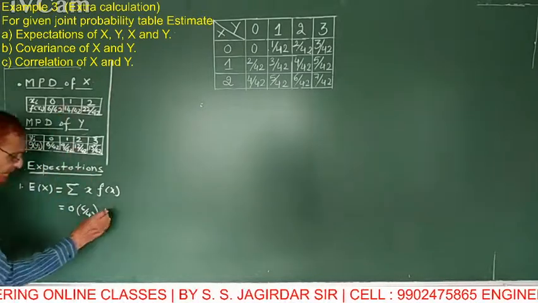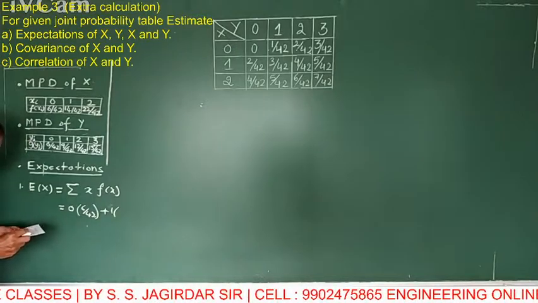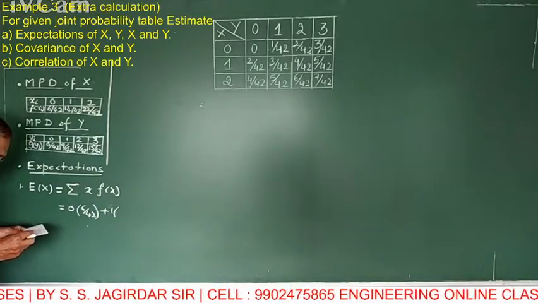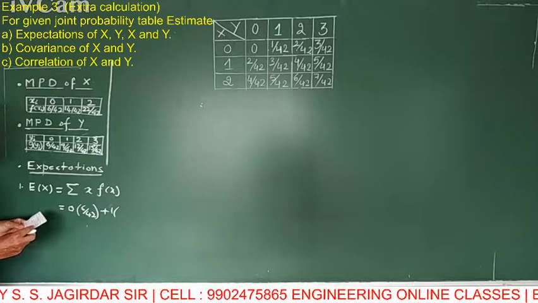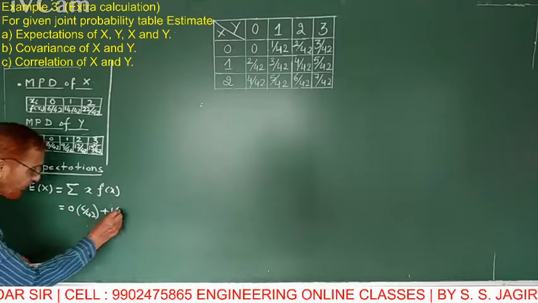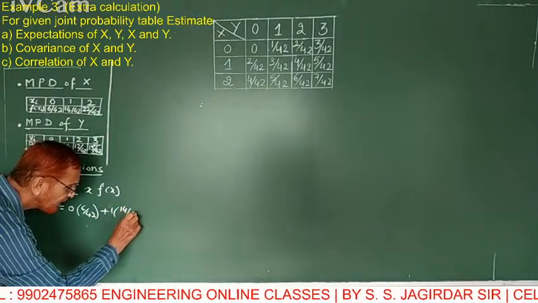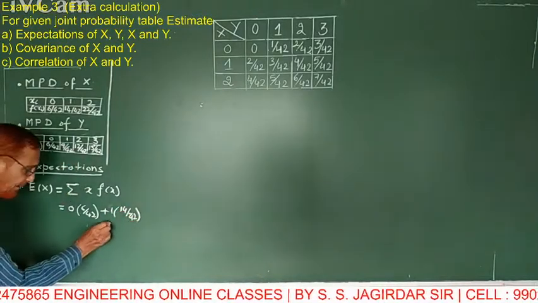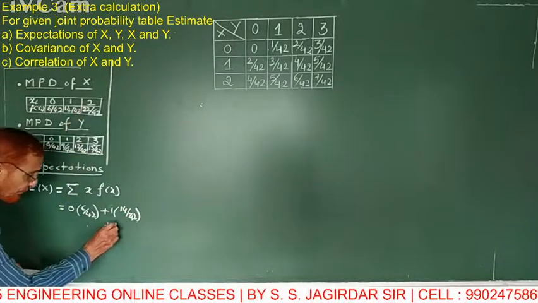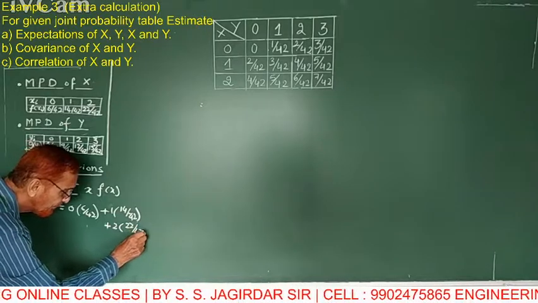Second is 1 into 14 by 42. And next one, the third one is 2 into 22 upon 42.